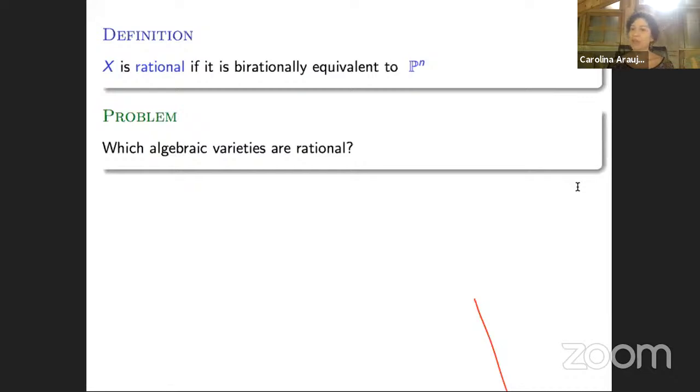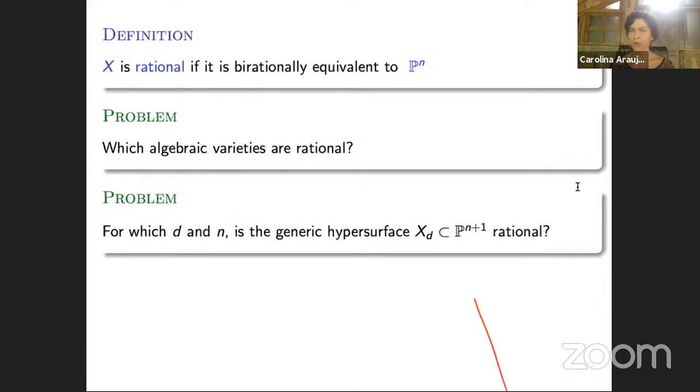Which algebraic varieties are rational? So even more concretely, and this is surprisingly still open in many aspects, given the degree d and the dimension n, is the generic hypersurface of degree d in P^(n+1) rational?